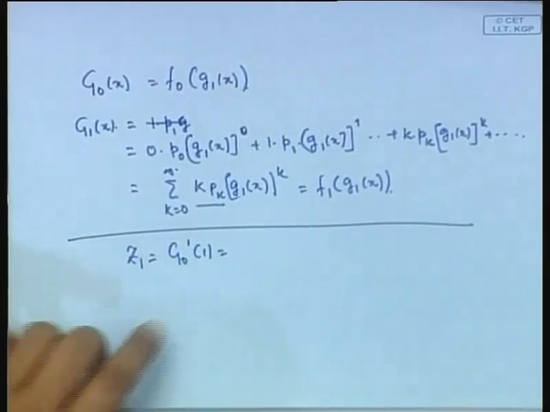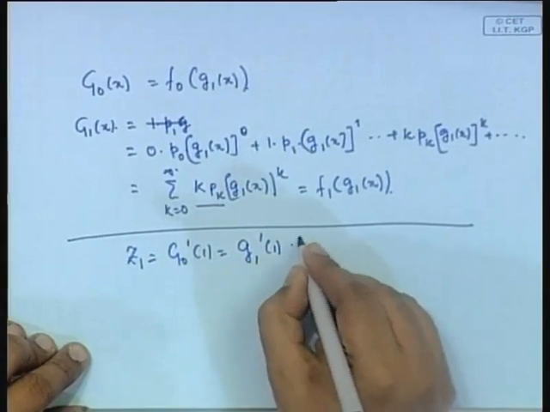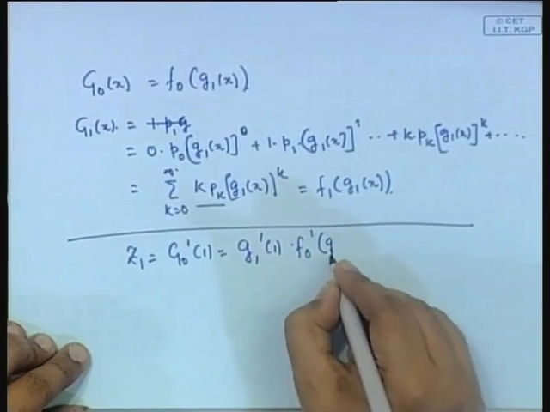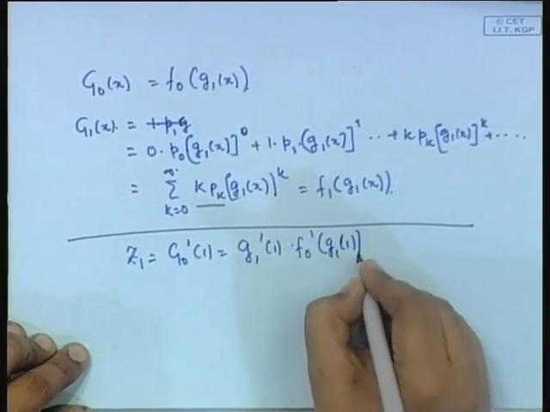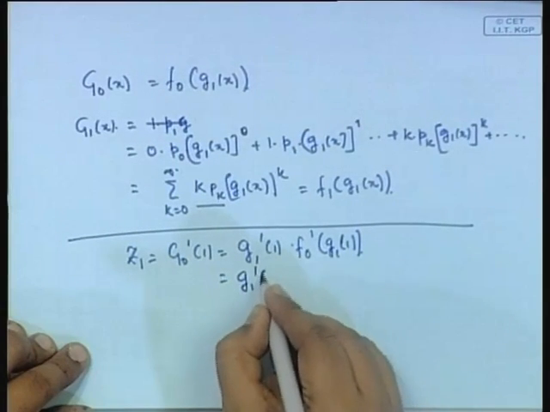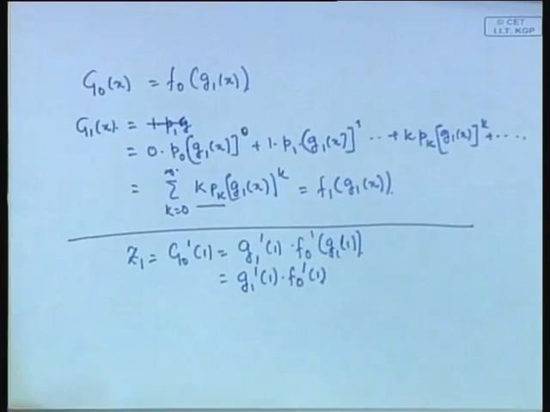So, G0 dash 1 is G1 dash 1 into F0 dash G1 1, and G1 1 is 1. So, this becomes G1 dash 1 into F0 dash 1.